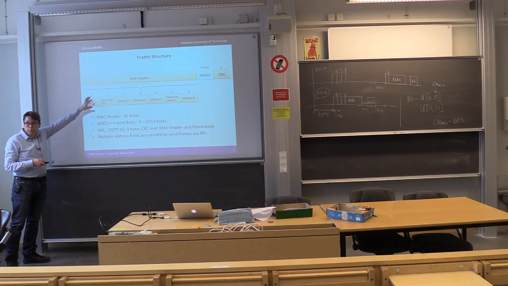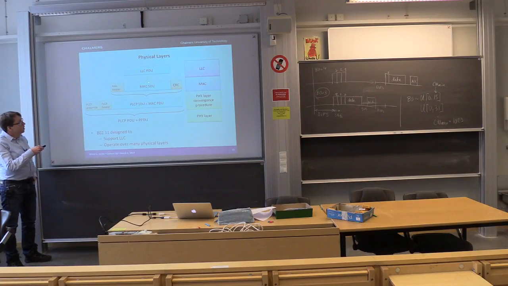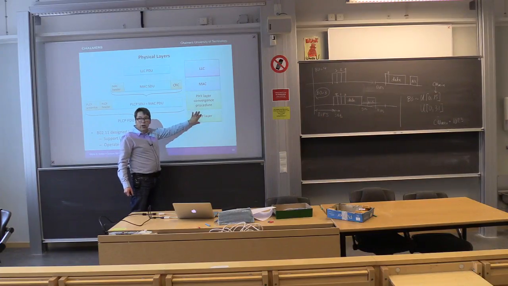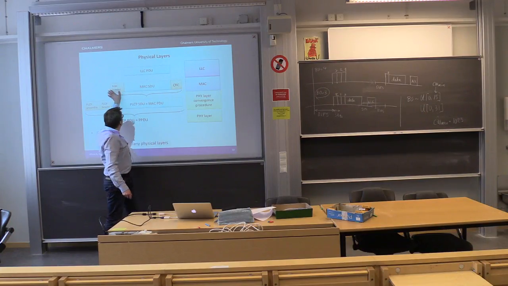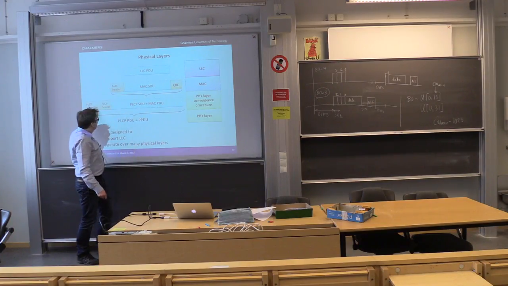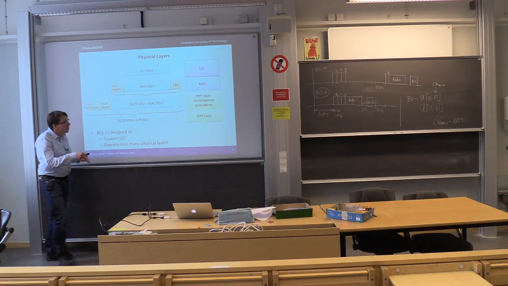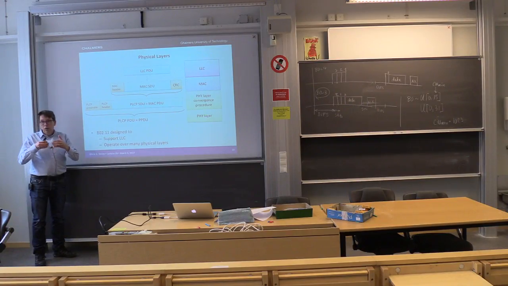The next step is when this is pushed down to the physical layer. But since there are many different physical layers, there is an interface layer here that takes these bits and formats them for that specific physical layer. Because this physical layer could be QPSK or 64 QAM.